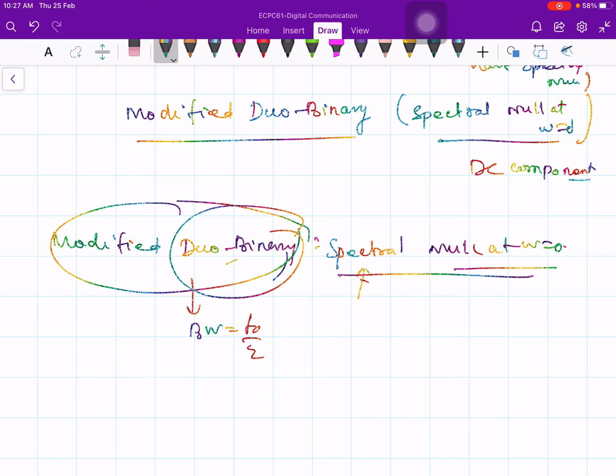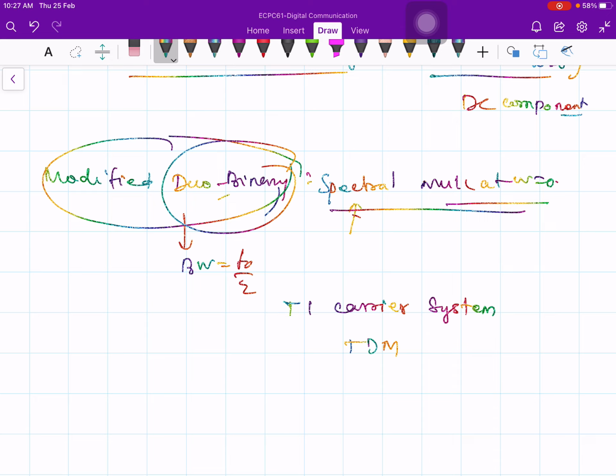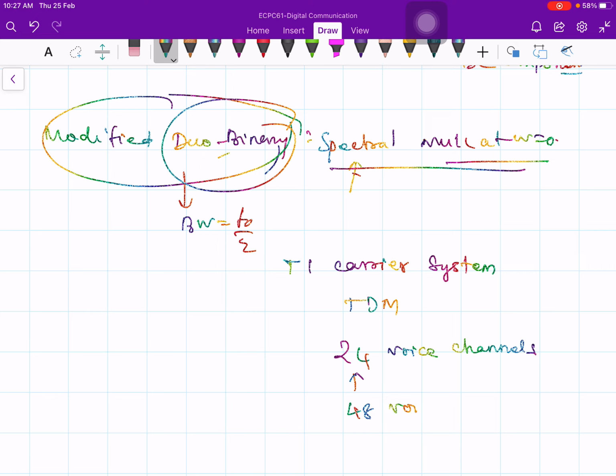The T1 carrier system contains, if you remember, 24 voice channels, right? Now, if you use this modified duobinary scheme, then you can combine them into a single system. Instead of 24, you can send 48 voice channels.